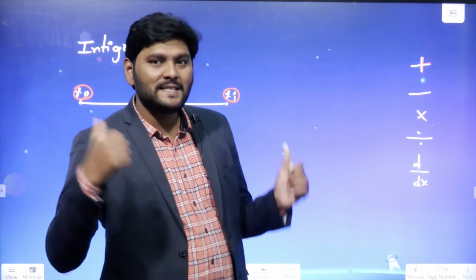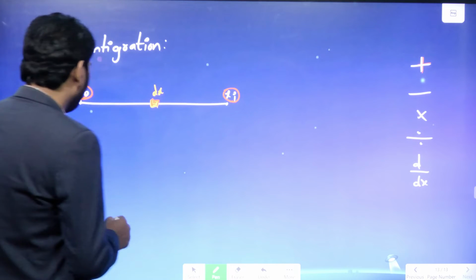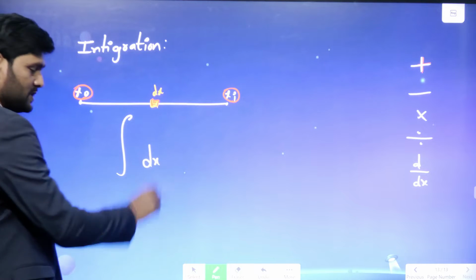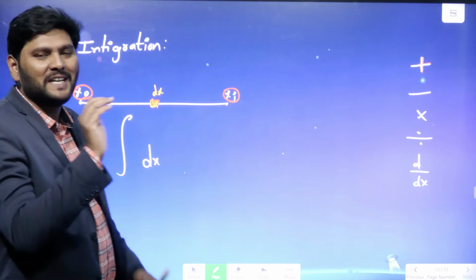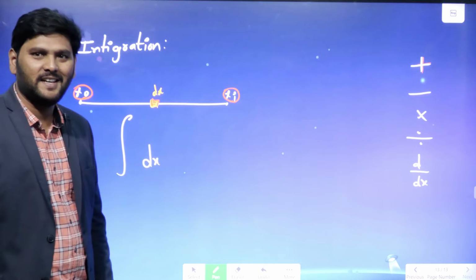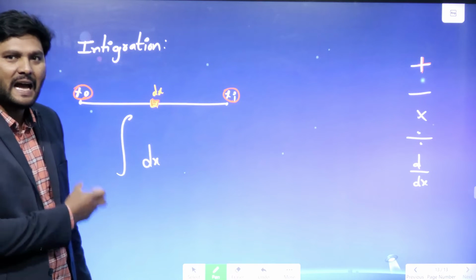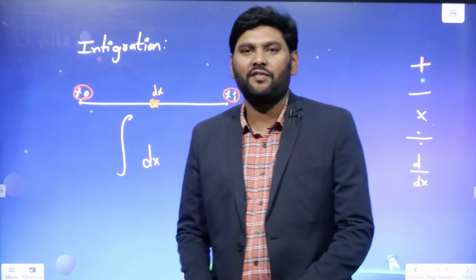Now, what is the operator for integration? Yes, the operator symbol for integration is integral dx. It somewhat looks like a snake, right? But it is not a snake. It is a symbol, an operator for adding the function.